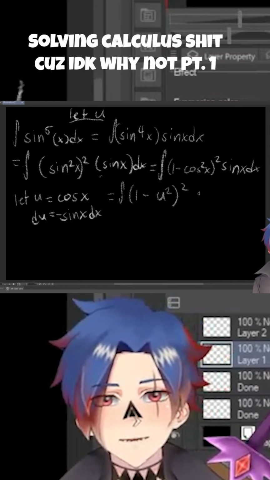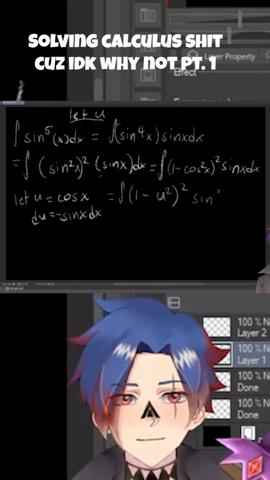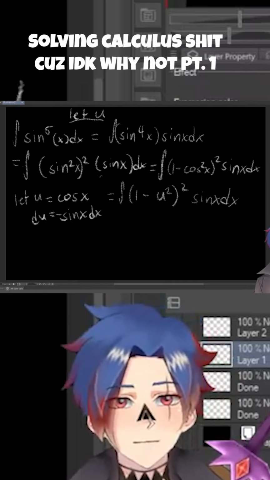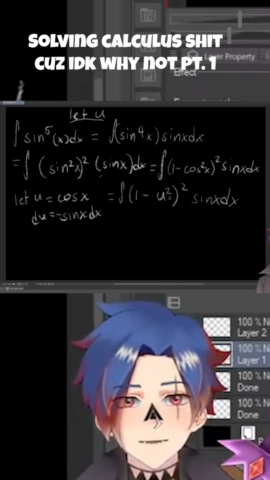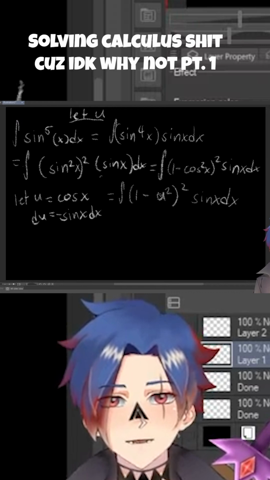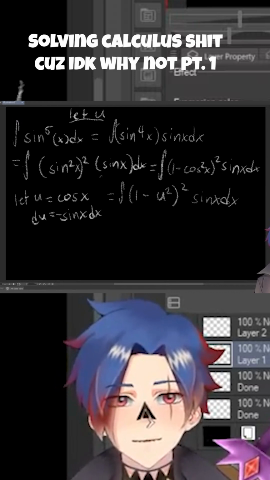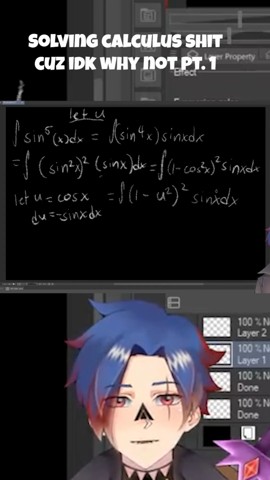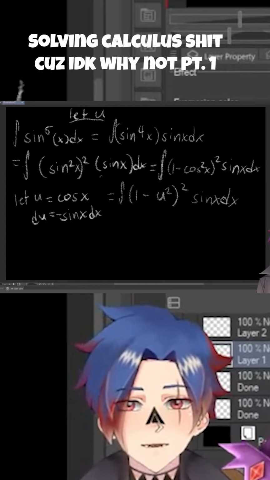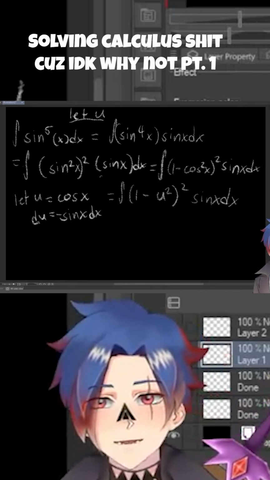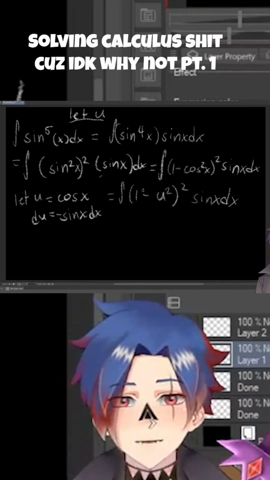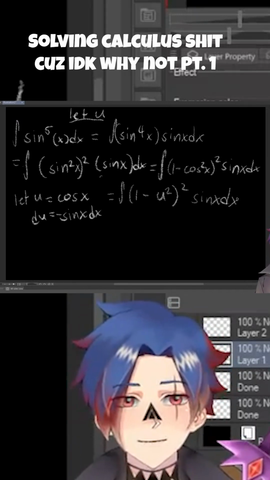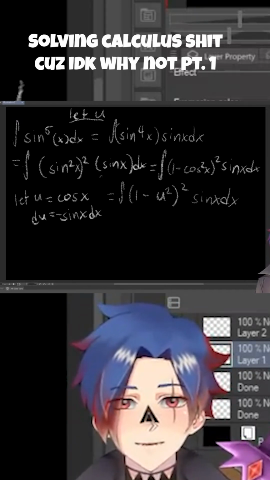See, it's less problematic than it looks. So wait, we have u here, but what we'll be integrating is sine x dx. What should we do? Now this is where du comes in to rescue, because you can't integrate with a different dx.